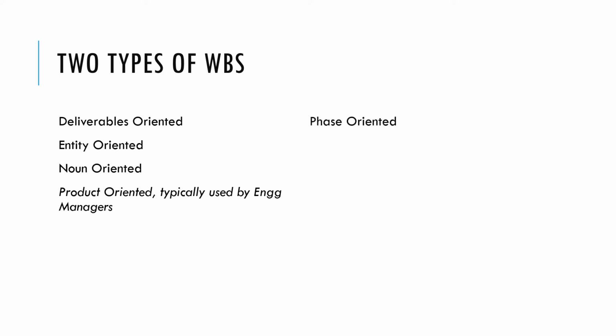So the next one is phase oriented, right? Phase oriented WBS also have several other names. They are also known as activity or task oriented WBS. They are also known as verb oriented WBS. Now, do you see the difference here?